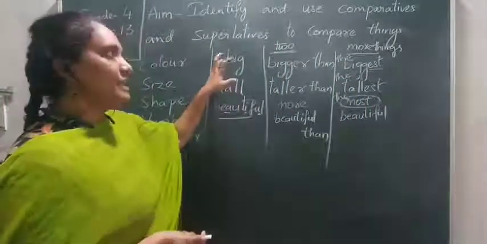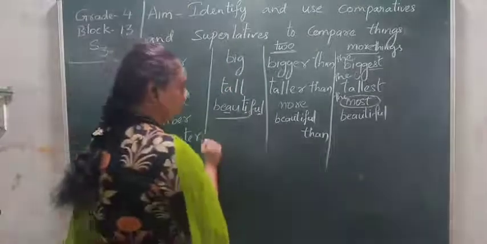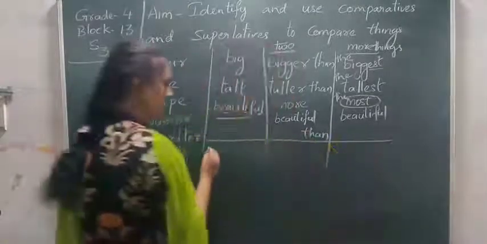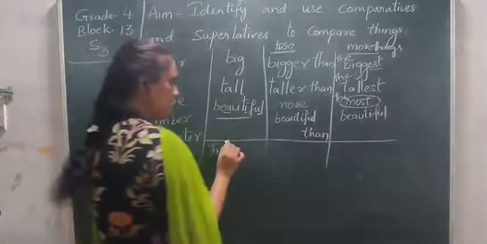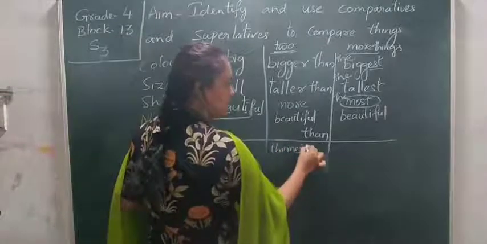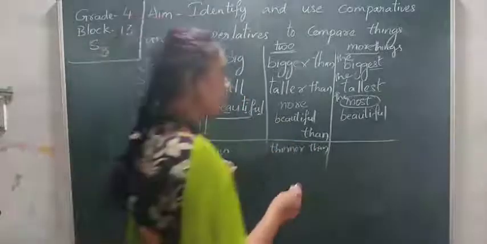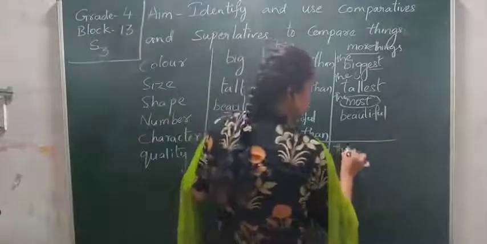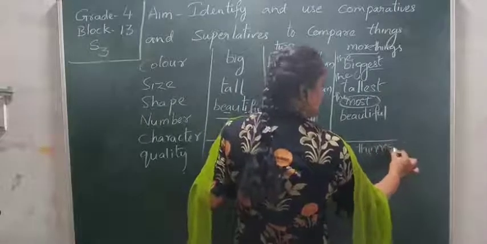Once again, if I take a single syllable word like thin, I say thin, thinner than some other word, or I say the thinnest. This is the thinnest in the class or among someone.